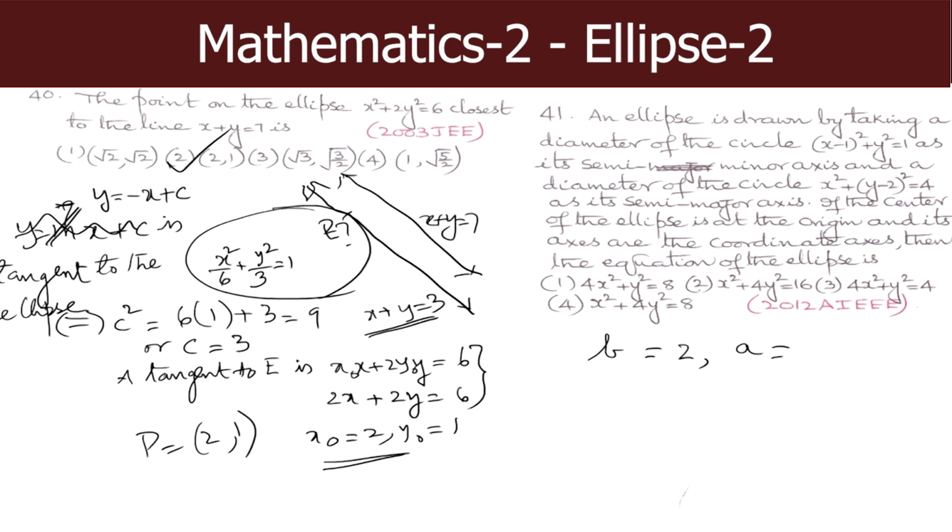The radius of the circle is 2, so diameter is 4, that is the semi-major axis, a equal to 4. If the center of the ellipse is at the origin and its axes are the coordinate axes, then the equation of the ellipse, in the simple standard form x square by a square plus y square by b square equal to 1, is x square plus 4y square equal to 16.